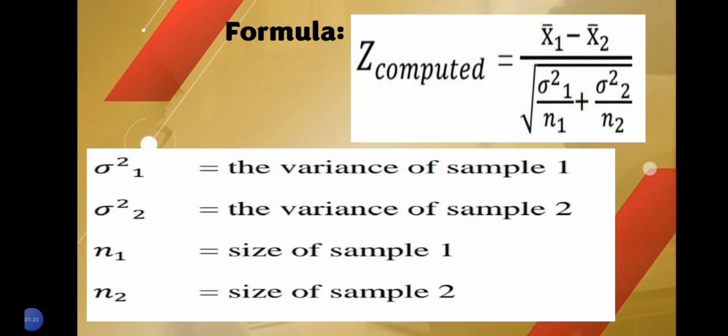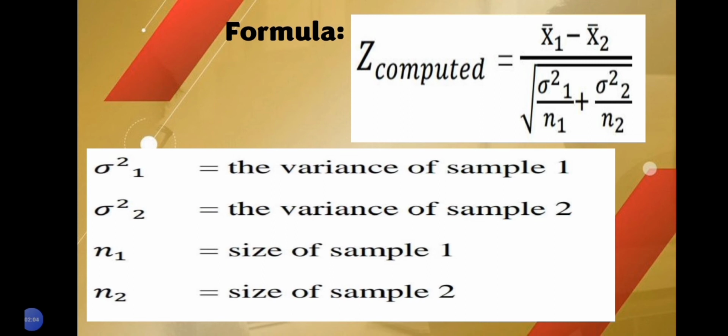We use the formula z equals x sub 1 minus x sub 2 all over the square root of s sub 1 squared over n sub 1 plus s sub 2 squared over n sub 2, where x sub 1 is the mean of sample 1 and x sub 2 the mean of sample 2.